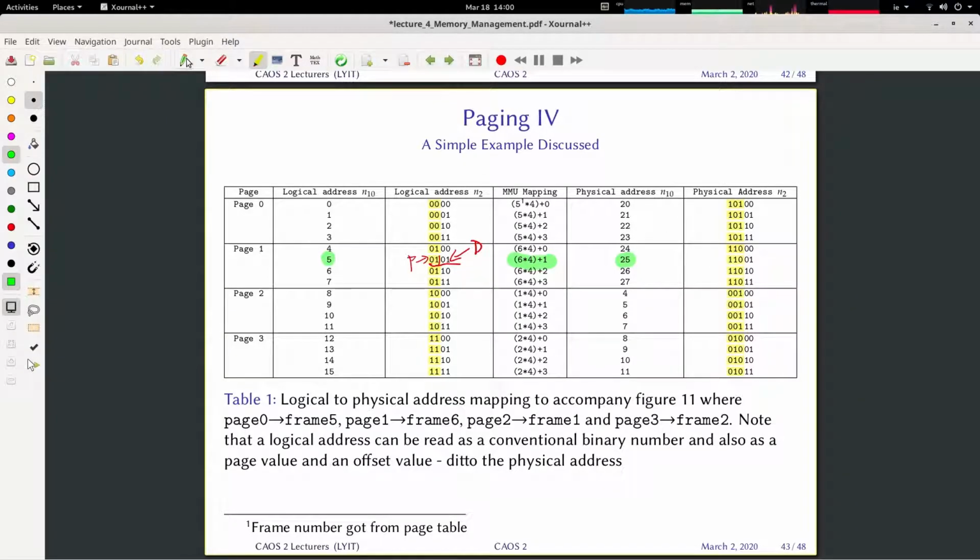And then when we consider 25 written as a binary number, we can see that if we break it into two components, like so, this reads as frame 6, which is the 3-digit binary number on the left hand side, highlighted in yellow, and then the offset value is d, which is equal to 1.